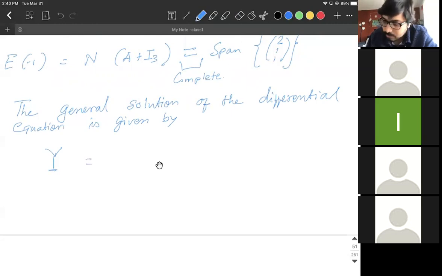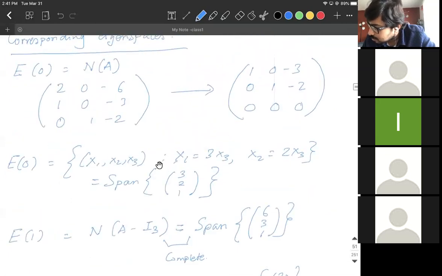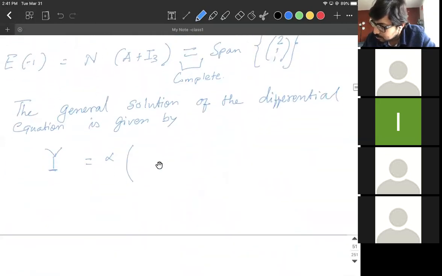So y equals alpha times 3, 2, 1, which was the first one. So this is the eigenvector corresponding to eigenvalue 0.